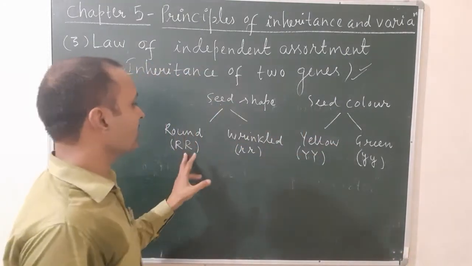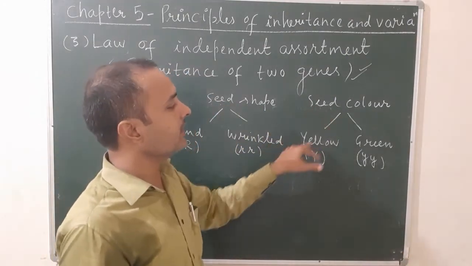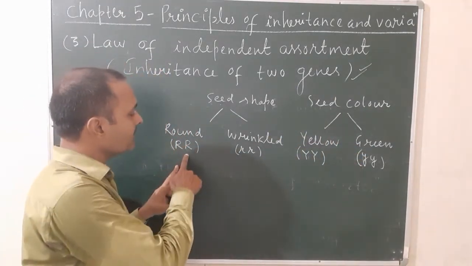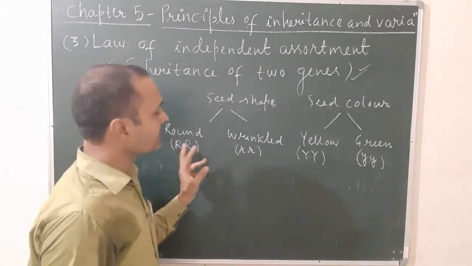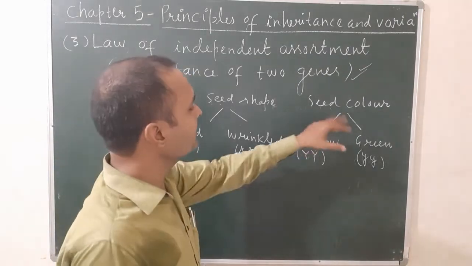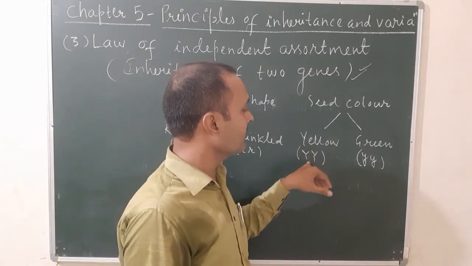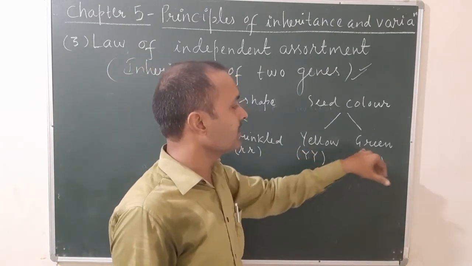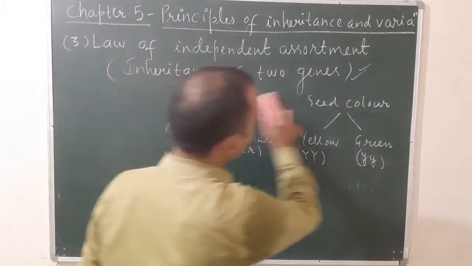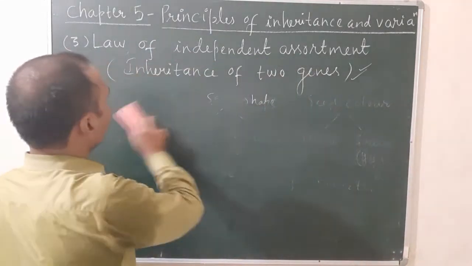Seed shape was round and wrinkled, seed color was yellow and green. For round, he took the genotype capital R, capital R. For wrinkled, small r, small r. And for seed color, yellow is YY, and for green, small y, small y. Let's see the entire hybrid cross in the pea plant.